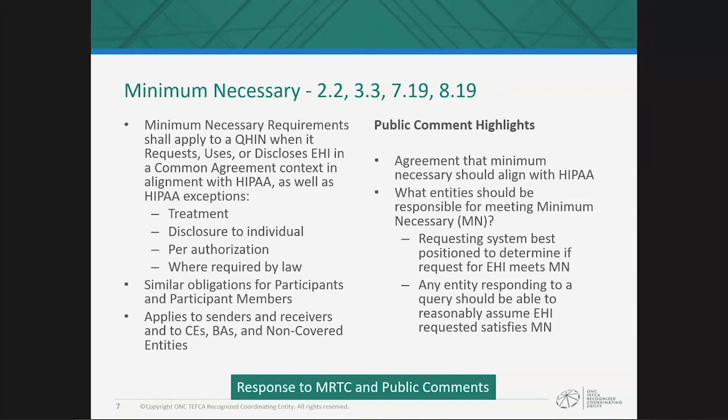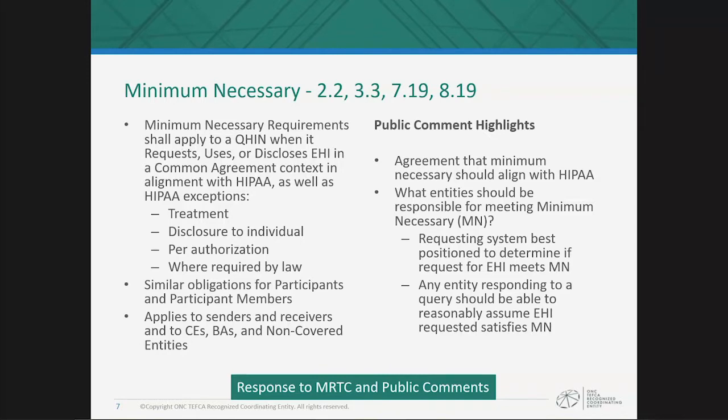Section 7 talks about participants. Section 8 talks about participant members. And that's why you're asking why this is referenced so many times. The MRTCs as currently drafted have 3 parallel sections, one for QHINs, one for participants, one for participant members. And there were public comments about that. We didn't put it on the slide, but I don't want you to be confused.